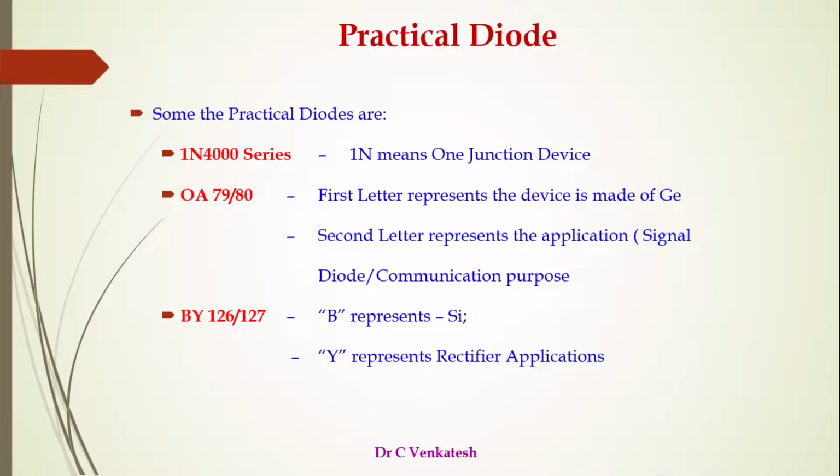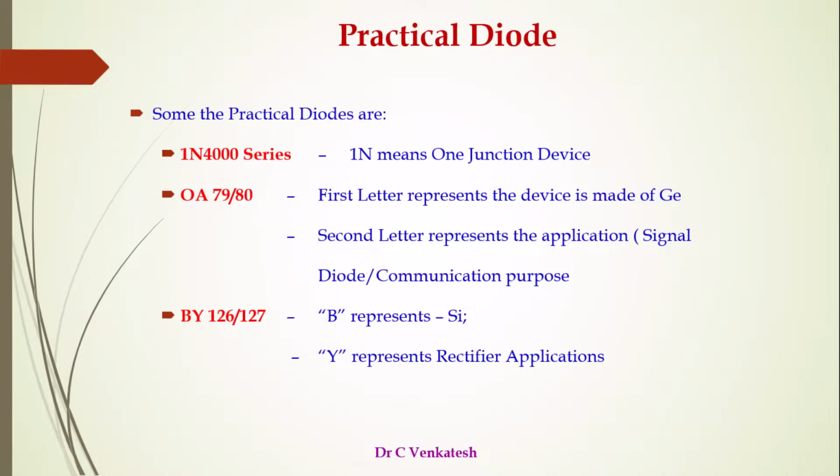Now we are going to see practical diodes. Some practical diodes are the 1N4000 series. Here the N represents the junction. That is, 1N means a one junction device. Second, OA79 or OA80.